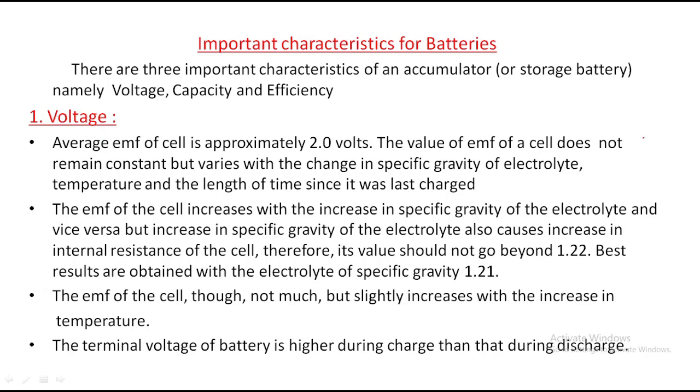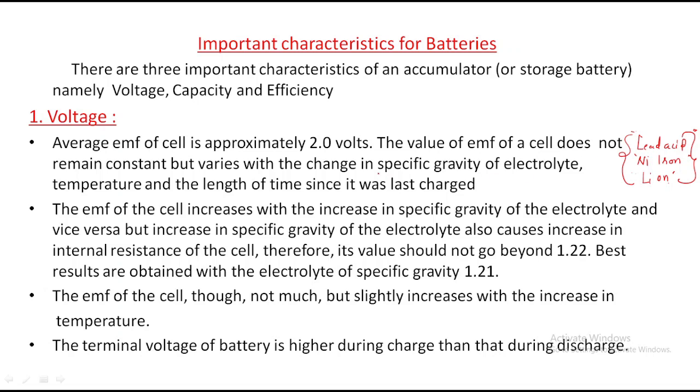We have many kinds of batteries, like lead acid, nickel iron and lithium ion. These are the chemical things that are working; these chemical things are electrolytes. They convert electrical energy into chemical energy or chemical energy into electrical energy.